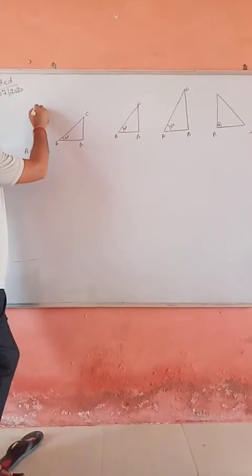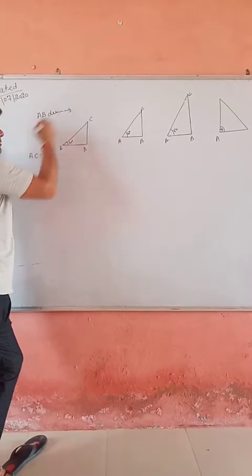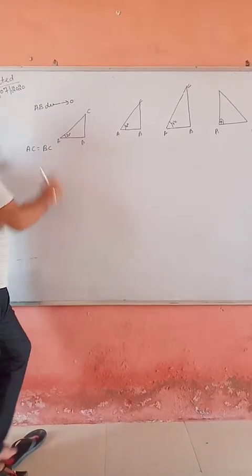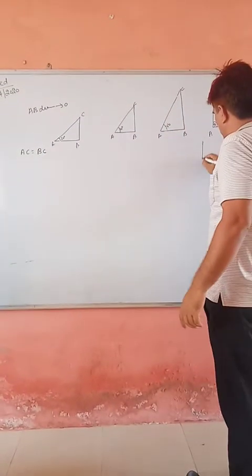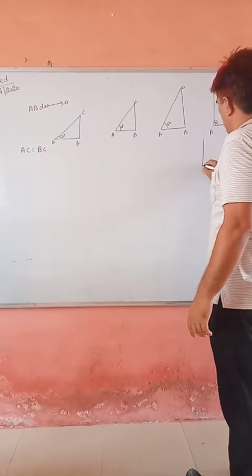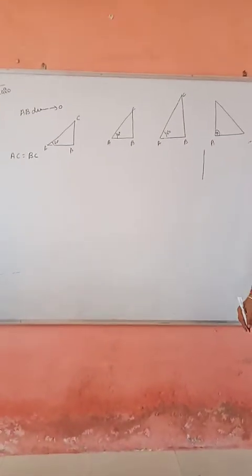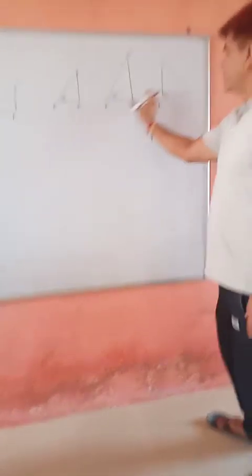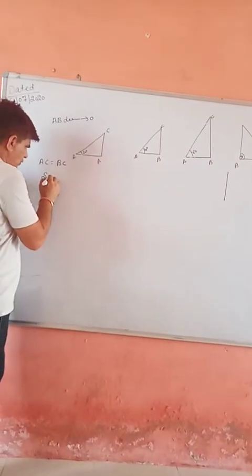And AB decreases up to where? 0. When this angle becomes 90 degree, its shape is like this. This side is decreasing. Understood?